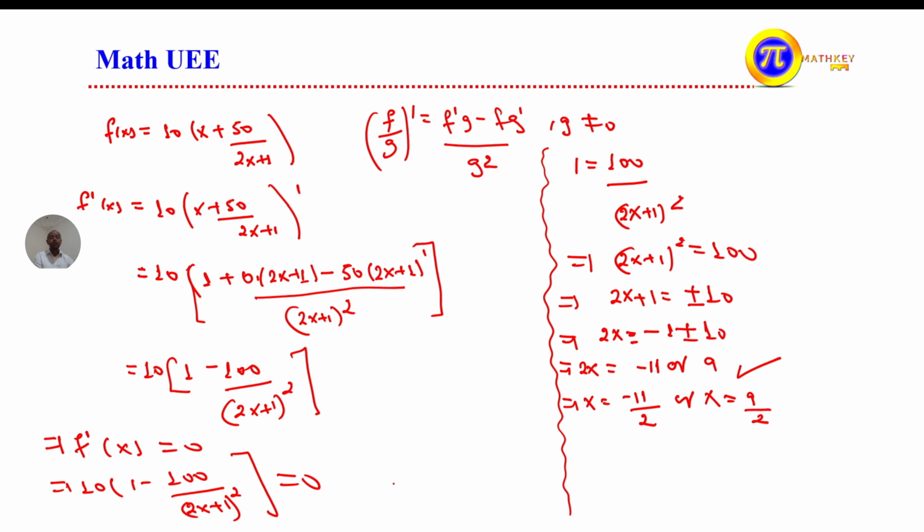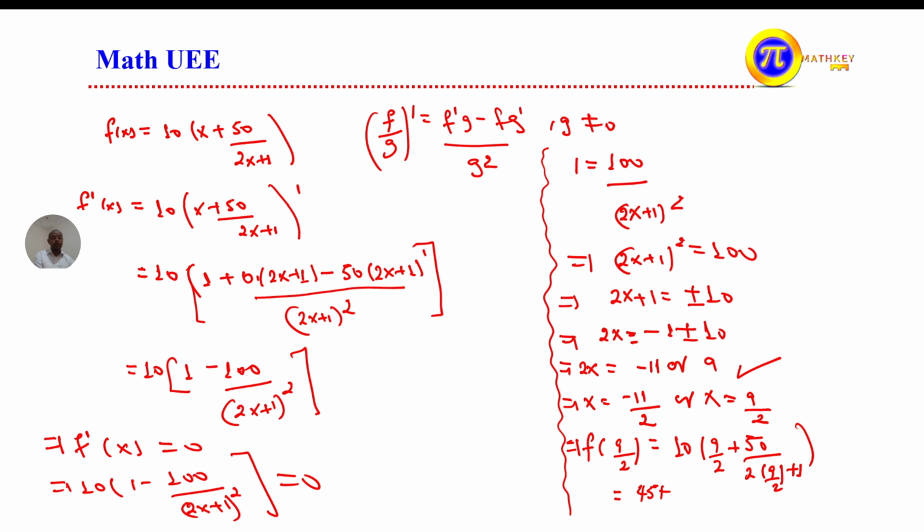This is the critical number, so the value of f at the critical number becomes the minimum value. f of 9 over 2 is equal to 10 into 9 over 2 plus 50 over 2 times 9 over 2 plus 1. 10 times 9 over 2 is 45, since 90 divided by 2 is 45.